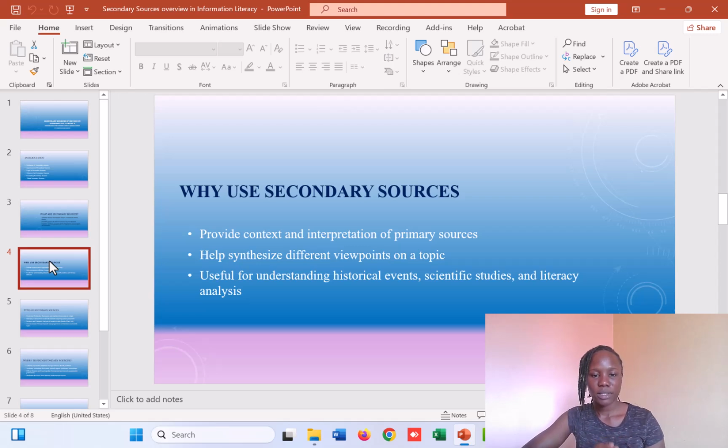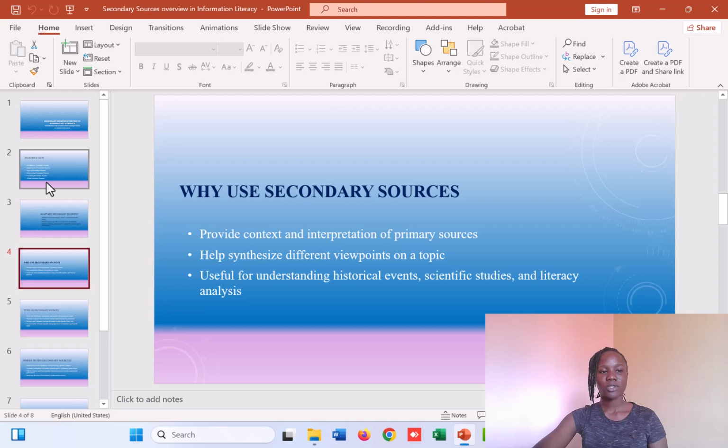Secondary sources also help us in synthesizing different overviews on a topic, getting more detailed information, and expanding on what we originally had. It's also useful for understanding historical events, scientific studies, and literary analysis. So that is mainly about secondary sources.